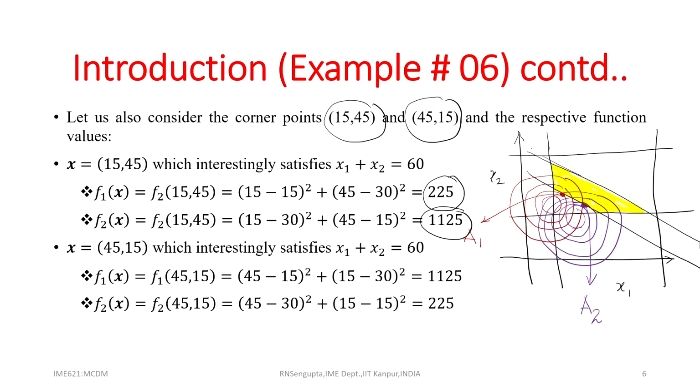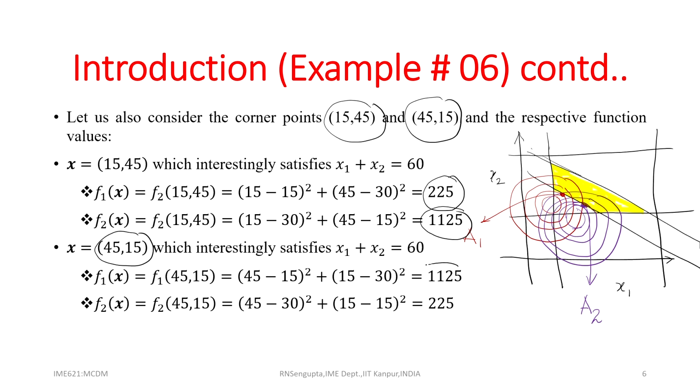Now, if I consider the coordinates, just for example, 45 and 15, and I want to find out the values of f1 separately and f2 separately. Very interestingly, the f1 value is equal to 1125, which, as I draw, is exactly equal to the value of f2 at the point 15, 45.